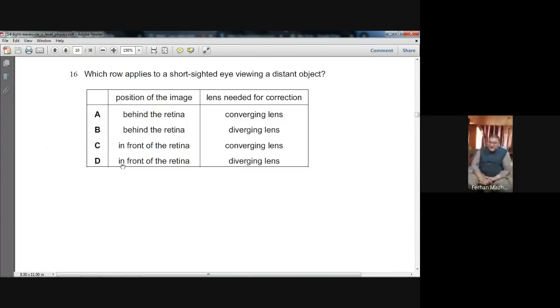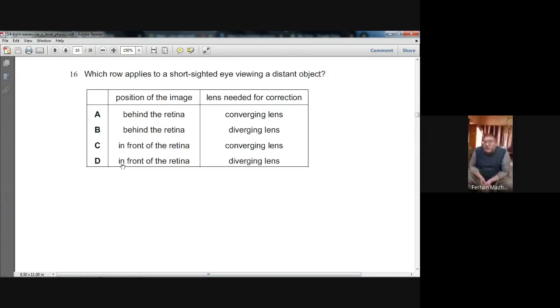So the basic thing which goes wrong with the lens is that the lens will be focusing too much. It will be bending the light too much. So when it bends the light too much, what happens? It starts making the image in front of the retina.